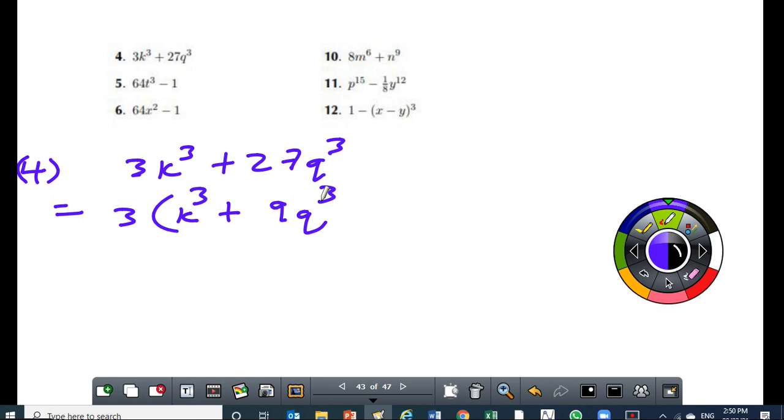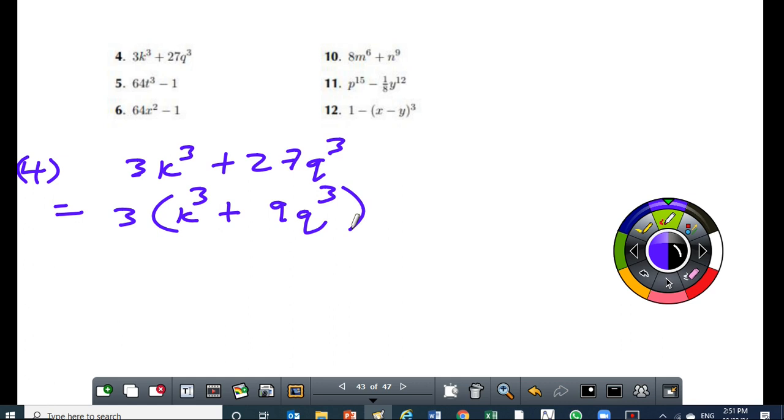The only way is to factorize by taking out a what? A common factor. Is there anybody who was able to factorize by a sum of 2 cubes? I doubt so. You can't. Though the k cubed is a perfect cube, the coefficient of q cubed, which is the 9, is not a perfect cube. So you have to stop here.